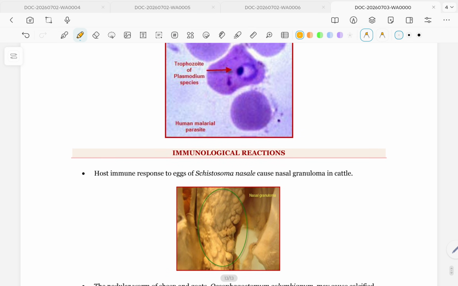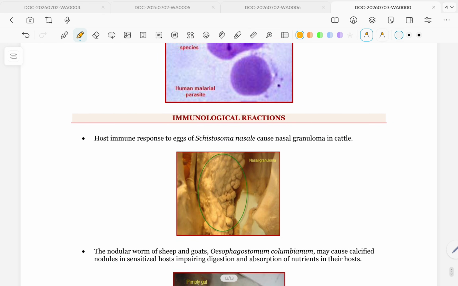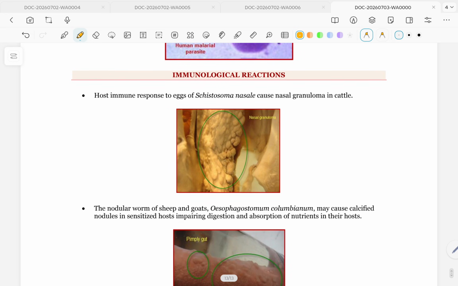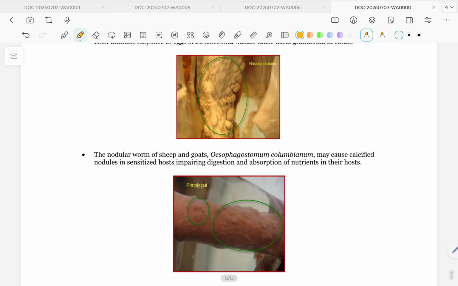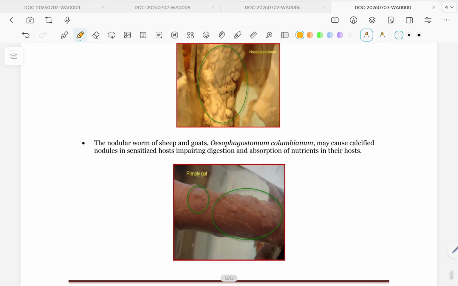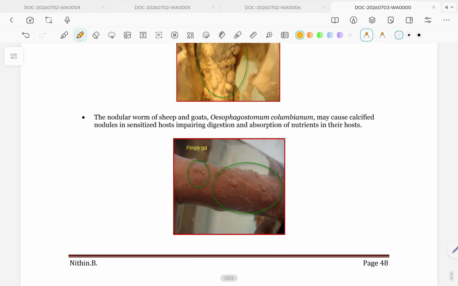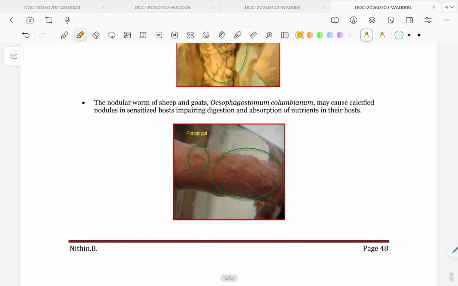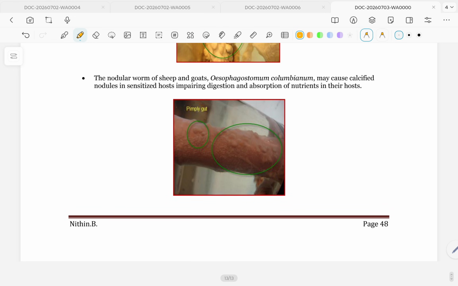The host immune response to eggs of Schistosoma nasale causes nasal granuloma in cattle. The nodular worm of sheep and goats, Oesophagostomum columbianum, may cause calcified nodules in the sensitized host, impairing digestion and absorption of nutrients in their host.